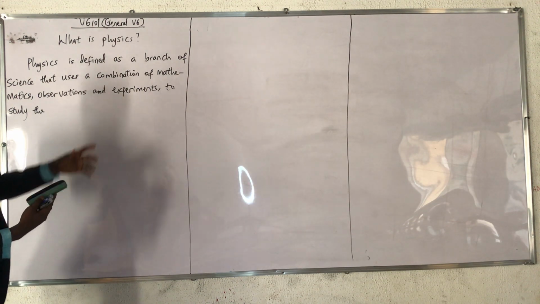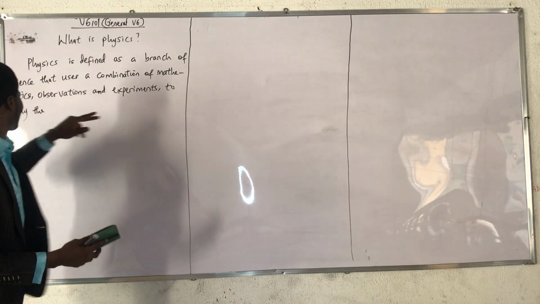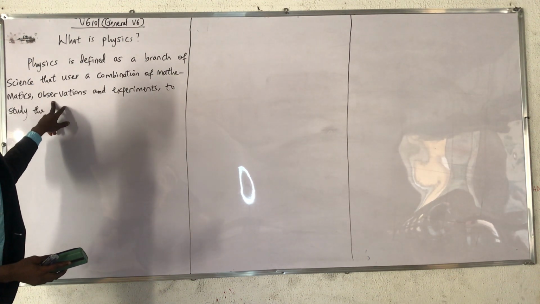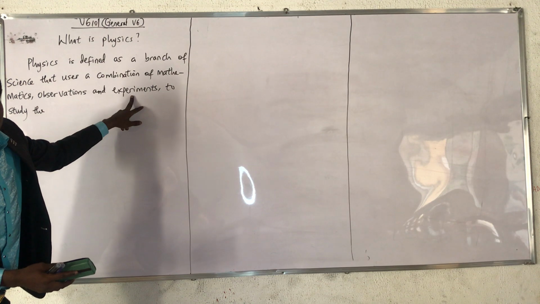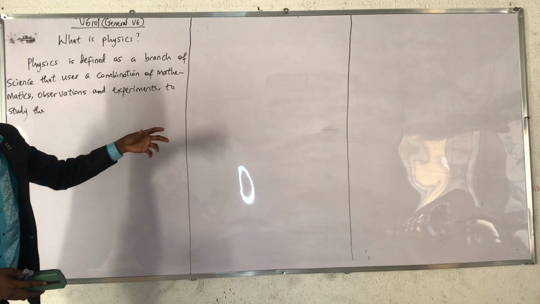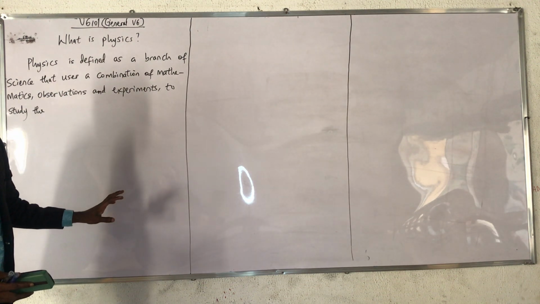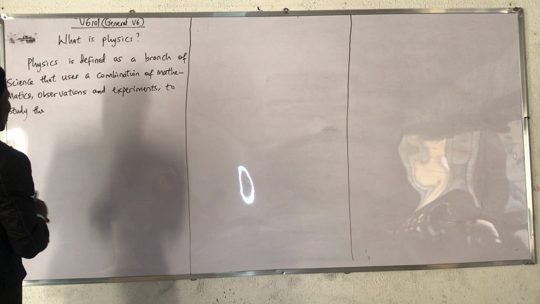Now look at something. We said it combines mathematics, observation, and what? Experiment. It means that for you to be very good at physics, you must have a good knowledge of mathematics. Okay? Alright?